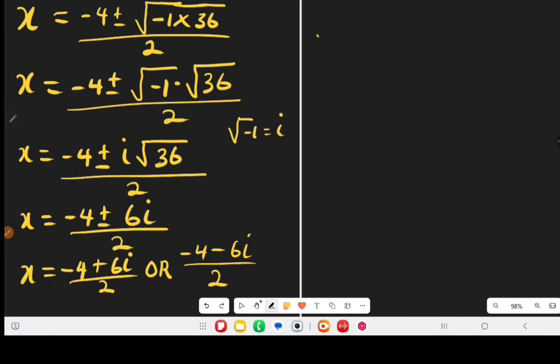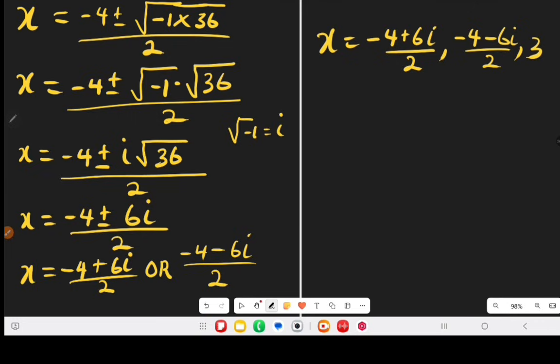Now we have x equal to minus 4 plus 6i all over 2, comma, minus 4 minus 6i all over 2. Then recall, we still have x equal to 3.